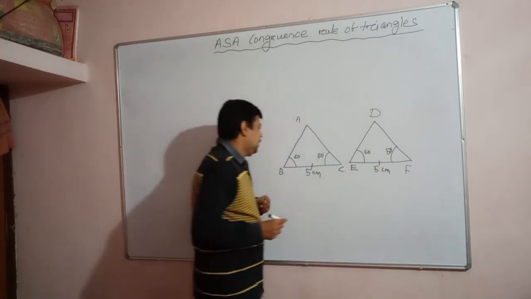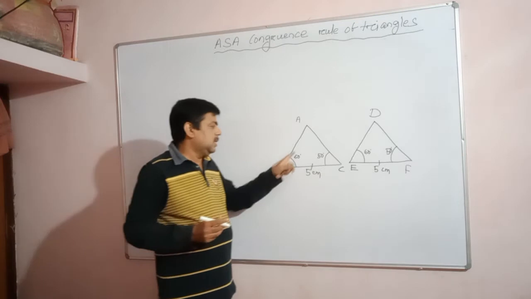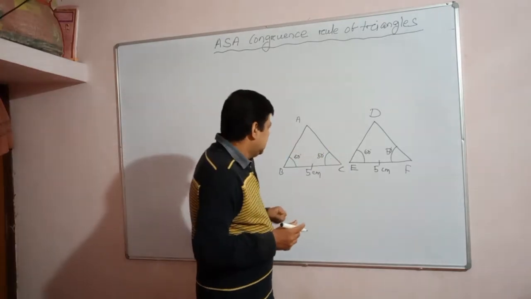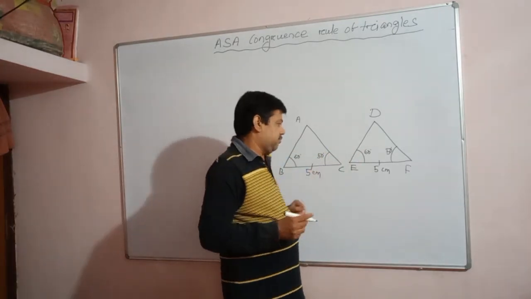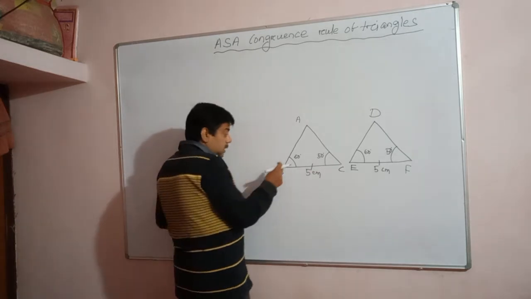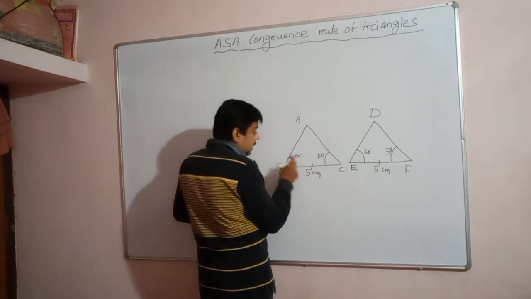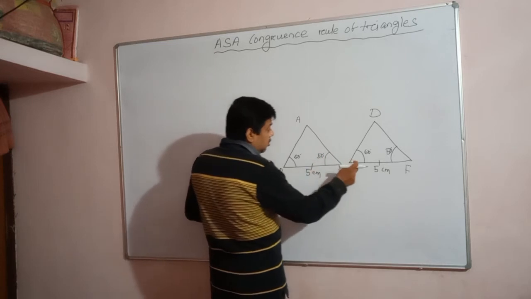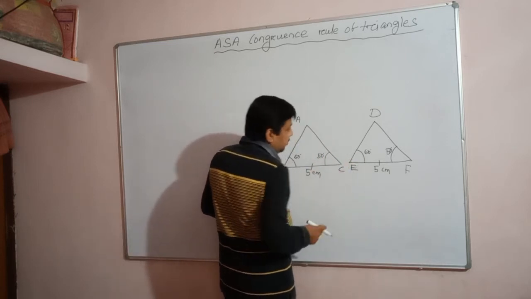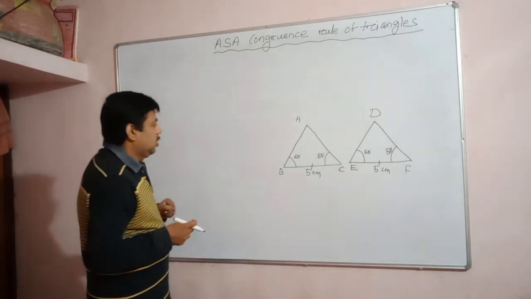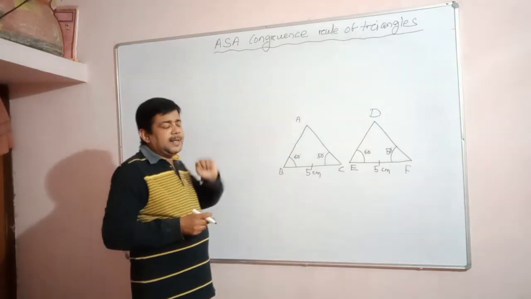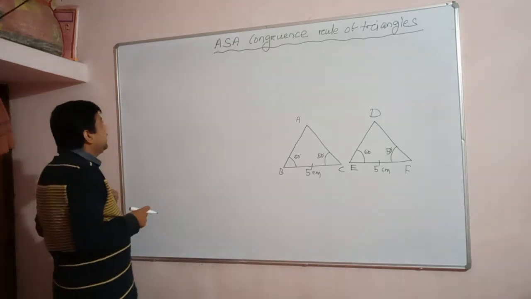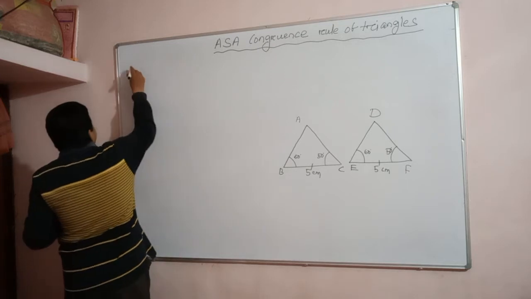Okay. Here the angle B is equal to angle E and angle C is equal to angle F. And the including side BC is equal to the including side EF of the triangle DEF. And we have to prove that the two triangles are congruent. Okay. Let us write the statement.